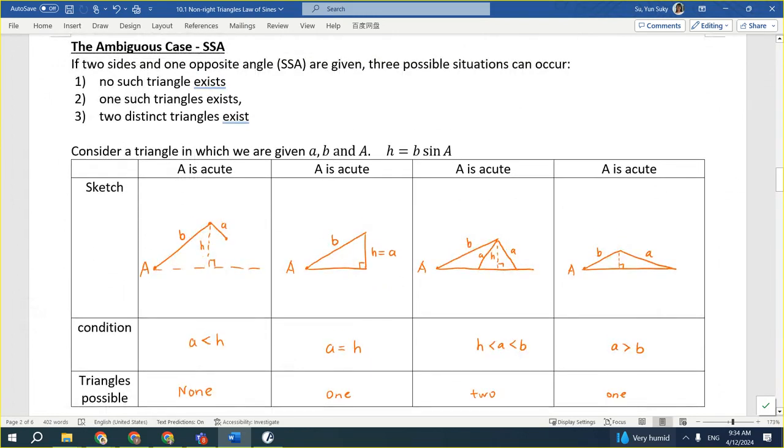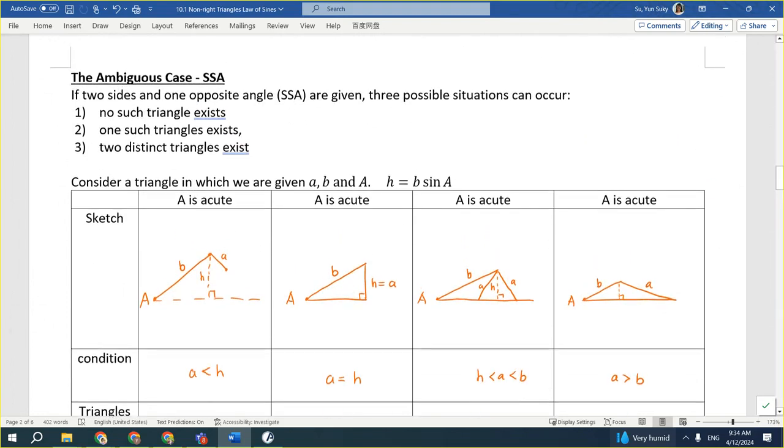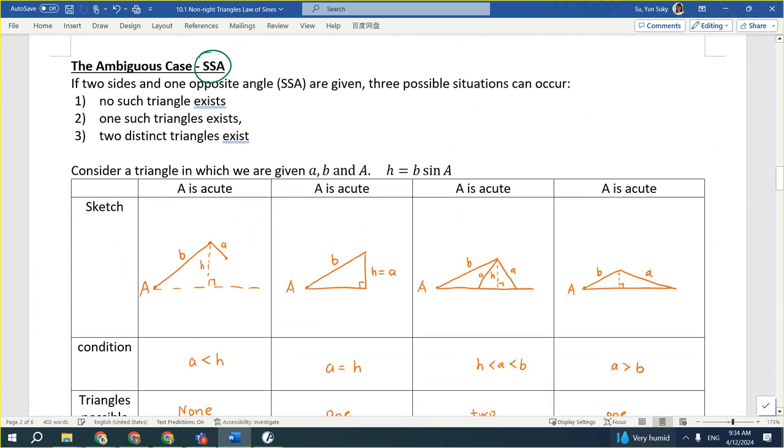And we draw pictures, right? So you can consider a triangle in which we're given AB and the angle A. Remember side angle: you know two sides and the angle opposite to one of them. So let's say we know AB and the angle A. Then H is like the altitude.